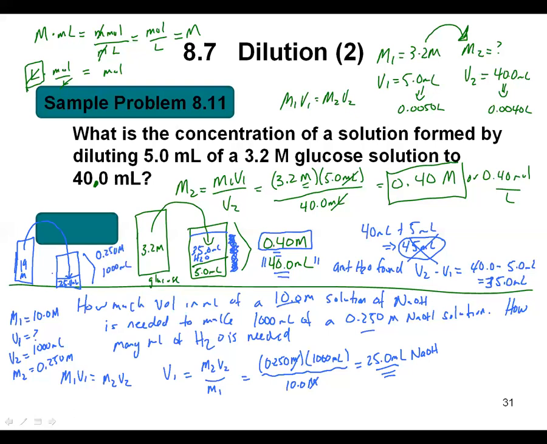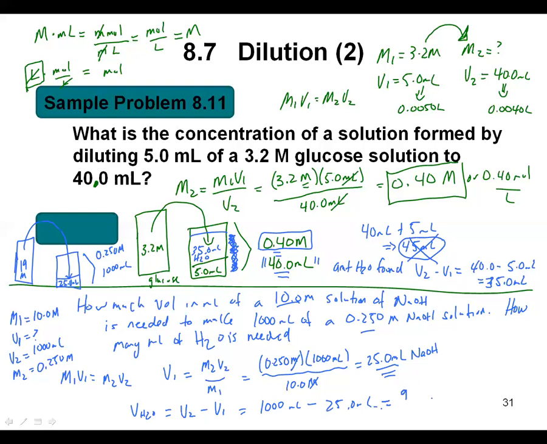So to figure out how much water we would need to put in there as well, here again, the volume of water would be our V2 minus V1, and that gives us 1,000 milliliters minus the 25 milliliters, which is our V1. If we subtract, we will get 975 milliliters of water that's also needed.